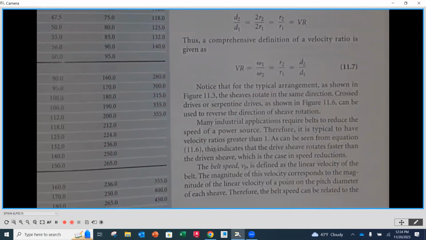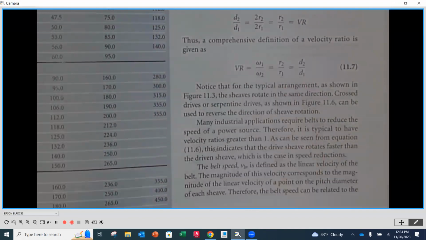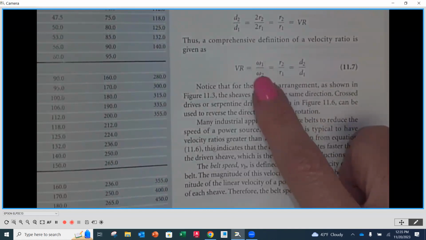If you had a timing belt, you could count teeth, but we're just going to be working with the smooth V-belts. So the dimensions that we have to work with are going to be the rotational speeds of our driver, which is going to be W1, and our driven, which is going to be W2. So our higher speed is going to be the W1.